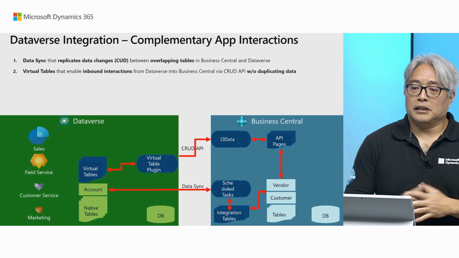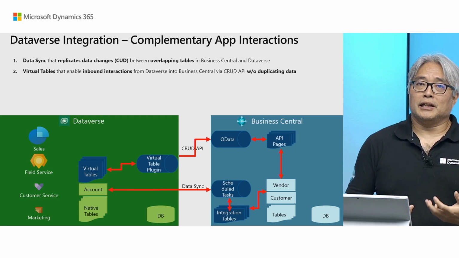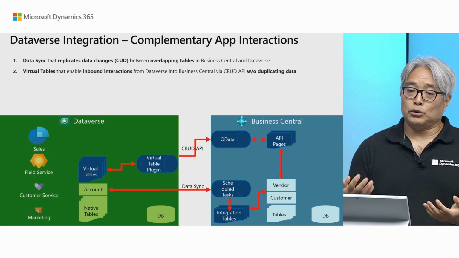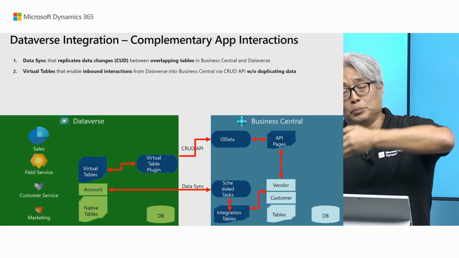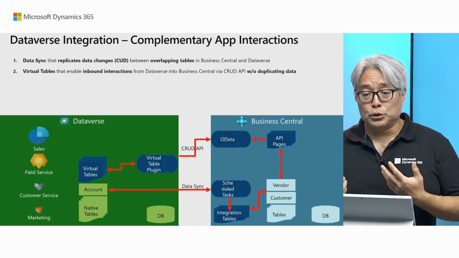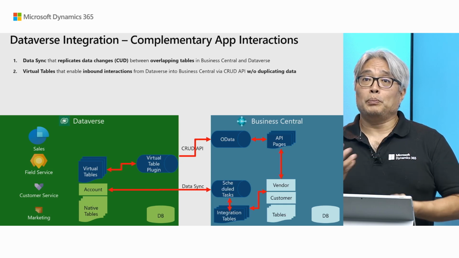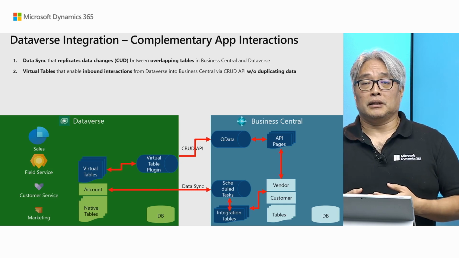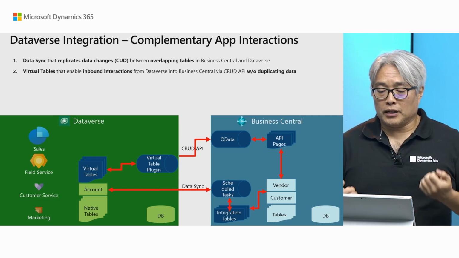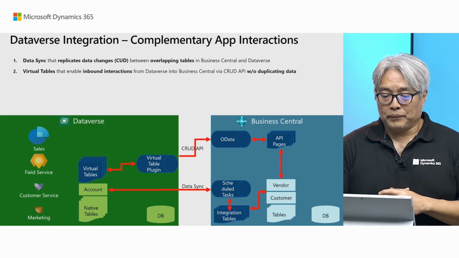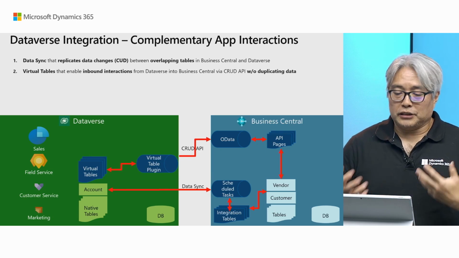The second interaction is virtual tables that actually enable inbound interaction from Dataverse into Business Central using Business Central CRUD API without replicating data. So that's another interaction that's enabled through this integration, right?